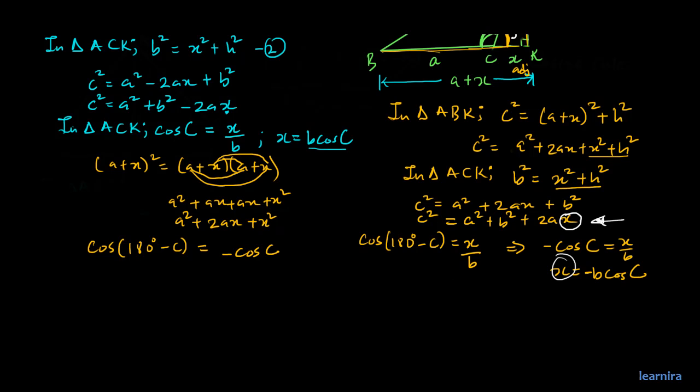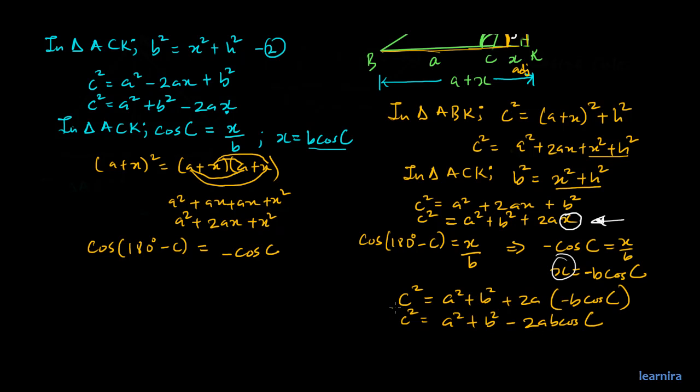We'll have c squared is equal to a squared plus b squared plus 2a into bracket minus b cos C, that's the angle. So we have c squared equal to a squared plus b squared minus 2ab cos C.